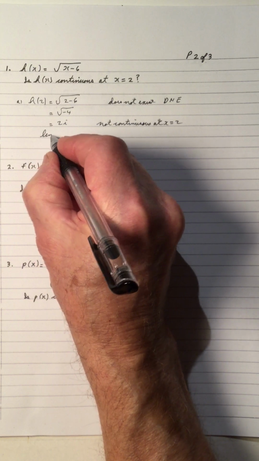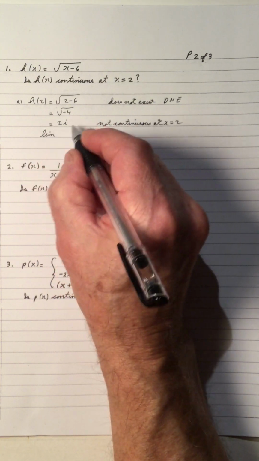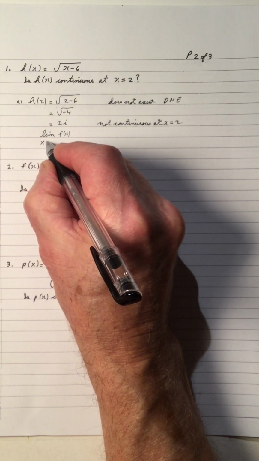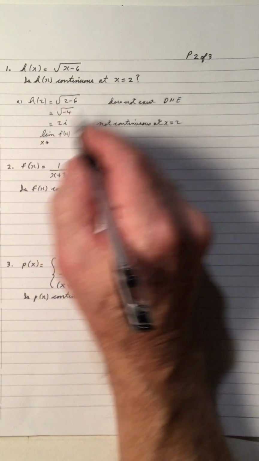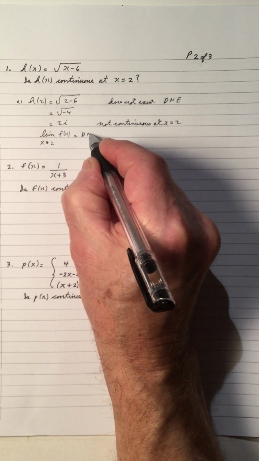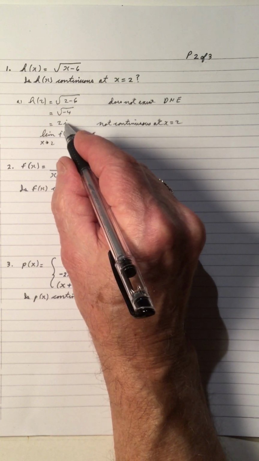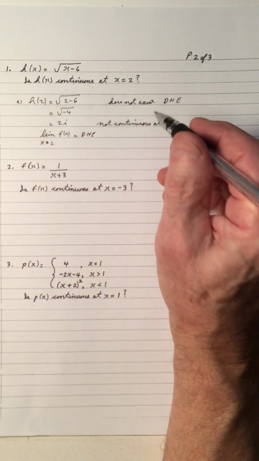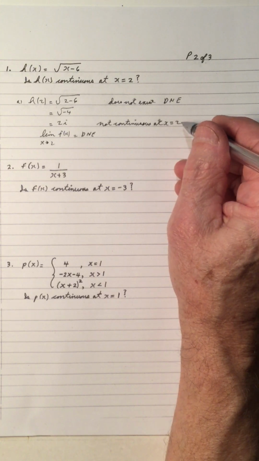And again, the limit of f of x as x approaches 2 does not exist because it's an imaginary number. So it's not defined, so it's not continuous.